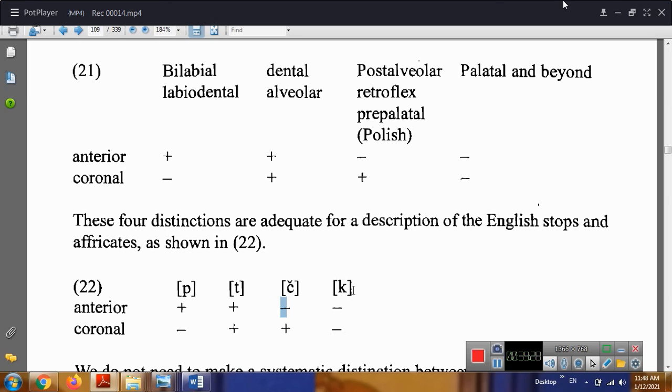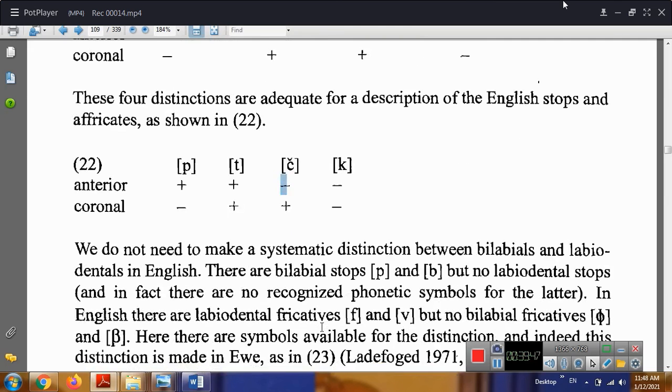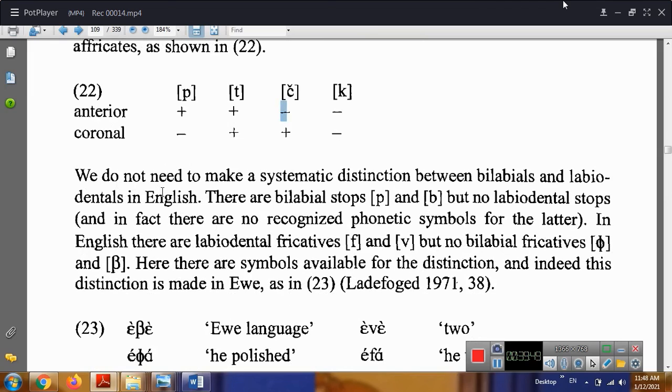And K is minus coronal because for producing K, which is a velar or uvular sound, we have the structure between the soft palate and the body of the tongue.